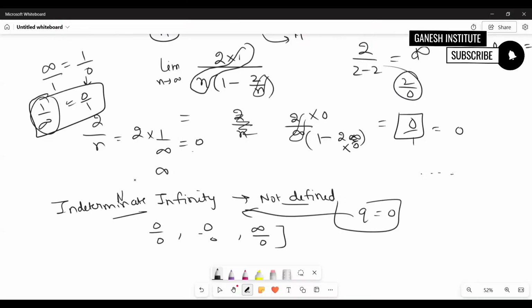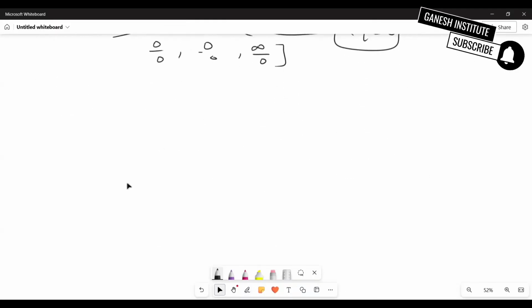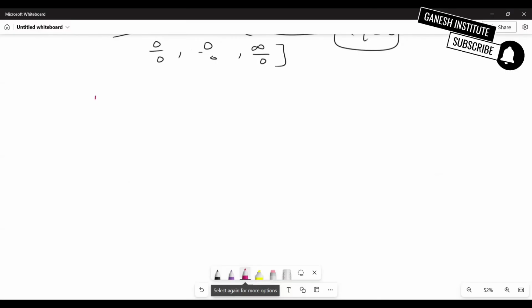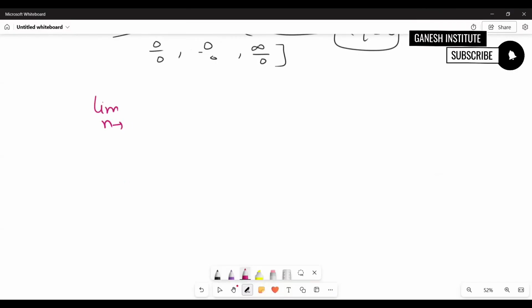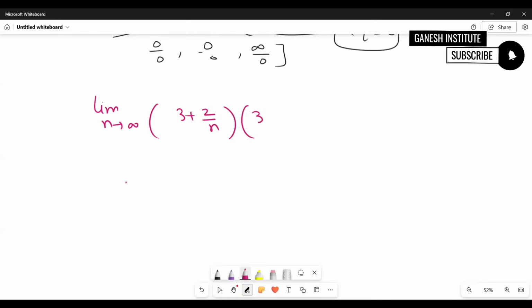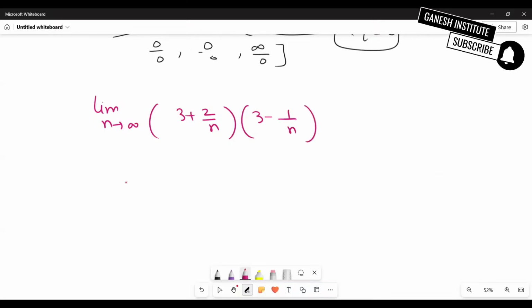Next question. I have limit n tends to infinity, 3 plus 2 by n, 3 minus 1 by n.